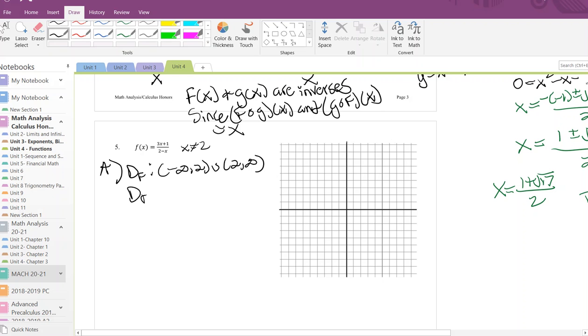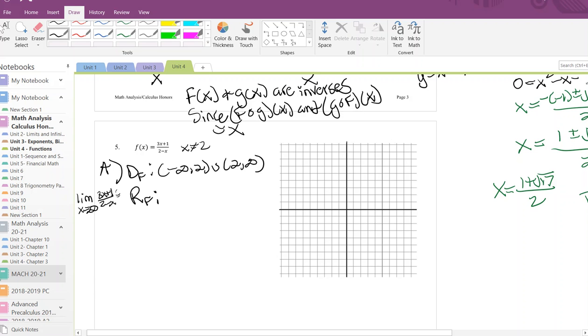For the range of f, you want to figure out what y can't equal. To figure that out, you take the limit as x approaches infinity of the function.